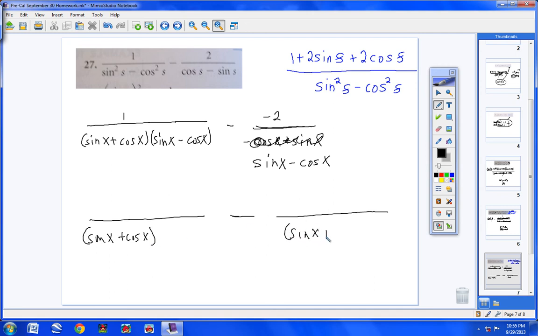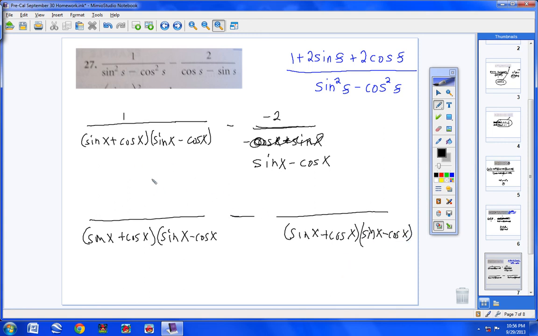Now, sine minus cosine, there's one group here, and one group here. Which denominator has the most? Well, they both have 1, so we just need 1. Sine x minus cosine x. Very good. There's our common denominator.